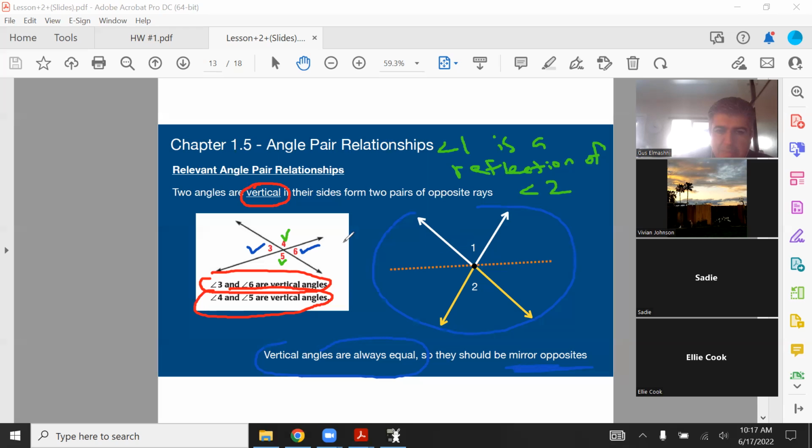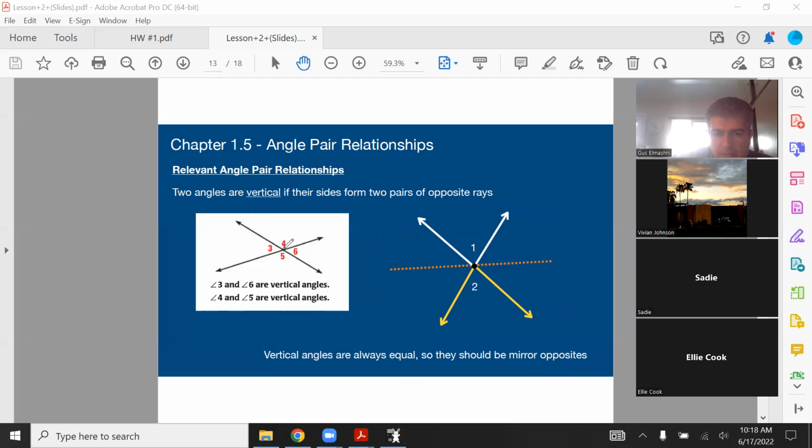You can think of it like that as well. But when you have two angles that are directly opposite of each other, those are vertical angles. And they also say they form opposite rays, which kind of makes sense. You can see the greens and reds are opposite rays of each other.